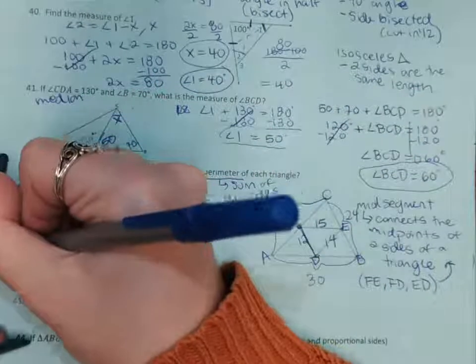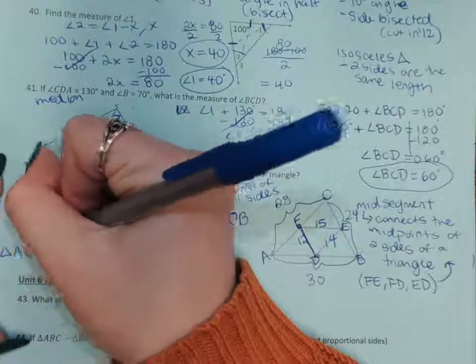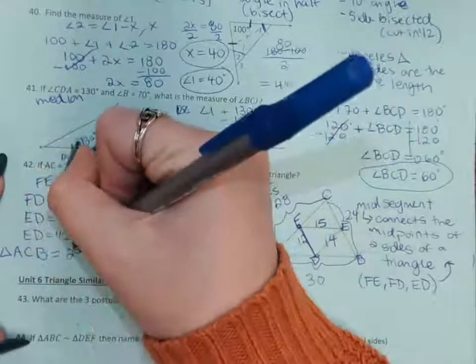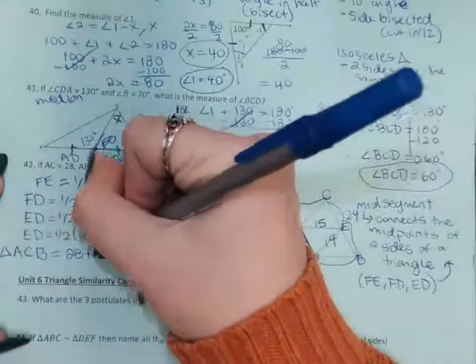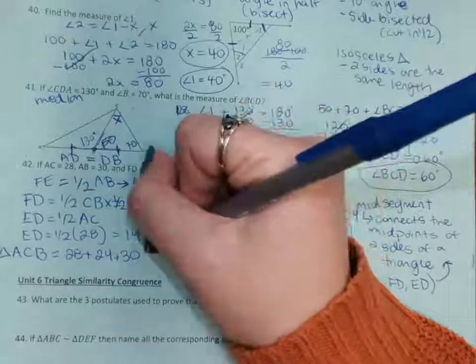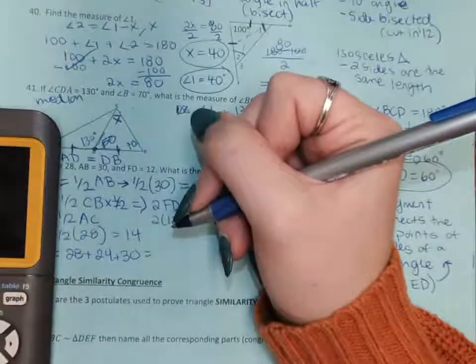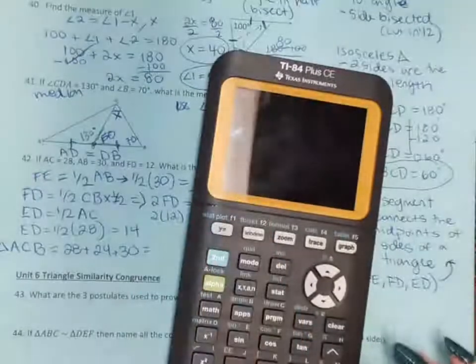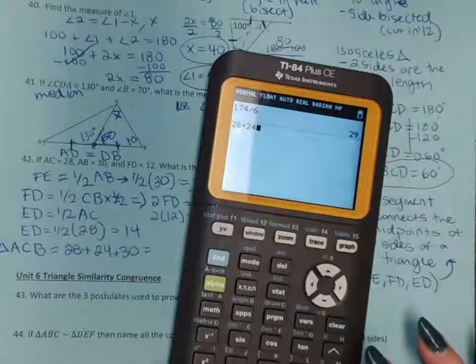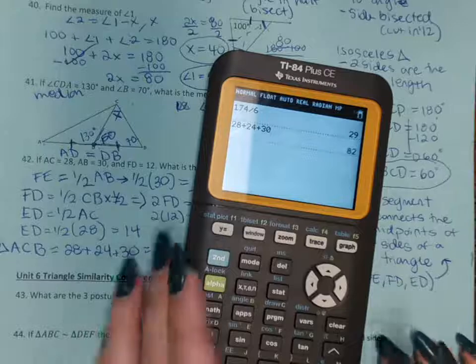So for triangle ACB, add 28 plus 24 plus 30. So 28 plus 24 plus 30 is 82.